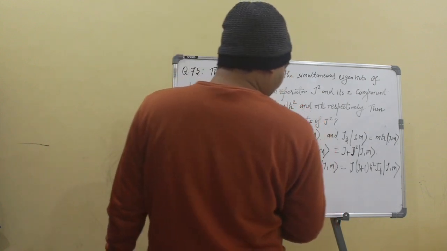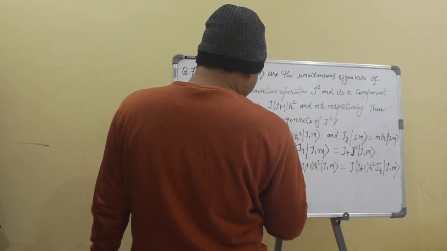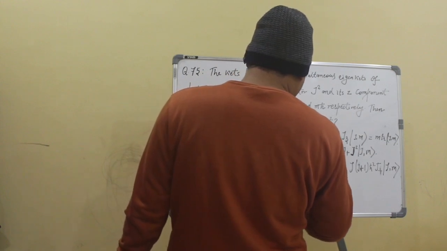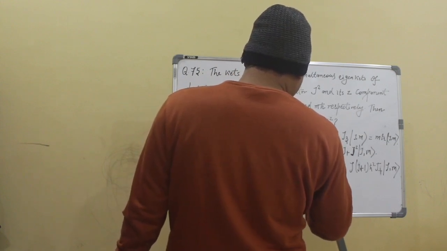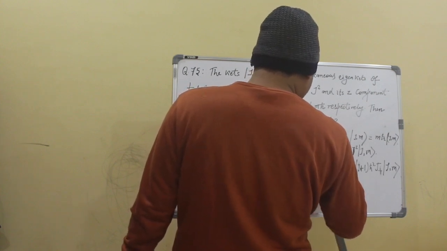Similarly, J square operating on J minus |j, m> will give you j(j+1)ħ² J minus |j, m>.